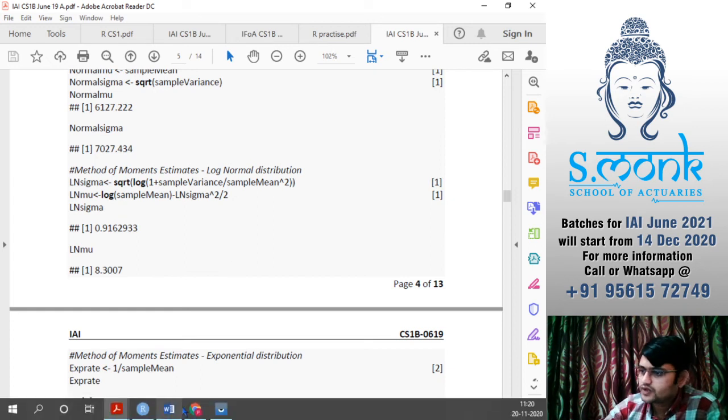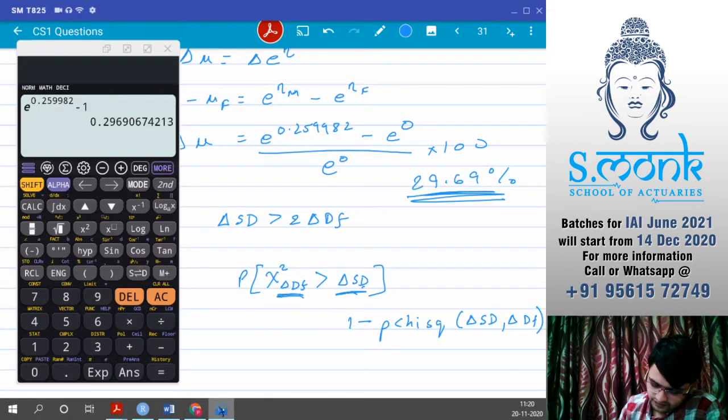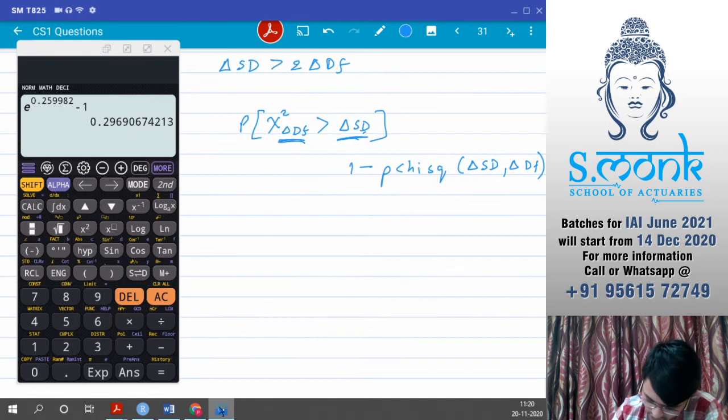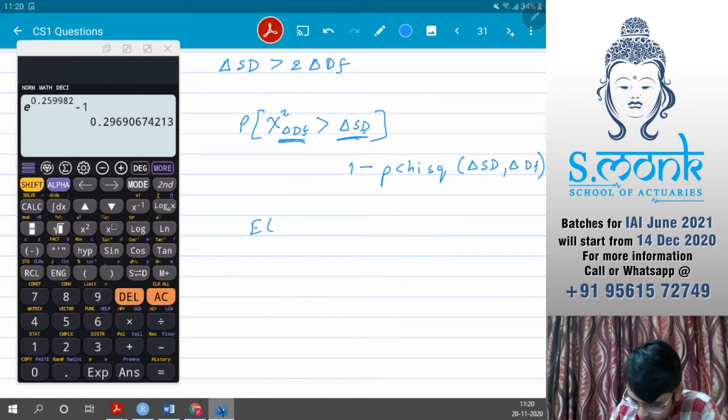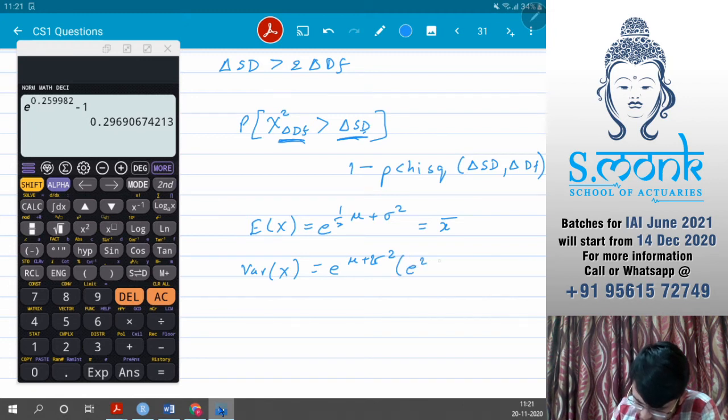So how do we do that? We know expected value of x would be e raised to mu plus half sigma square, which is equal to x bar, and variance of x would be e raised to 2 mu plus sigma square, times e raised to sigma square minus 1, which is equal to s square.